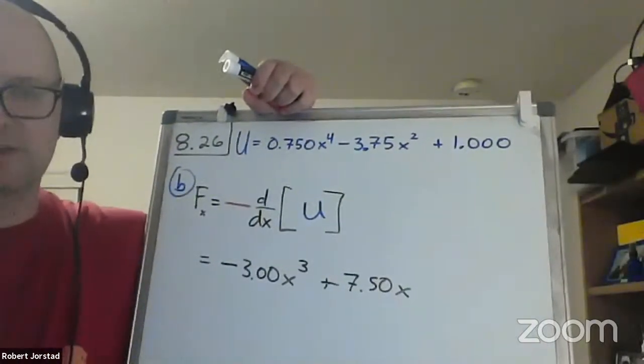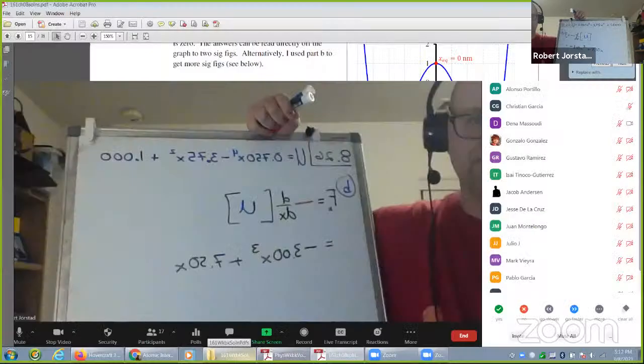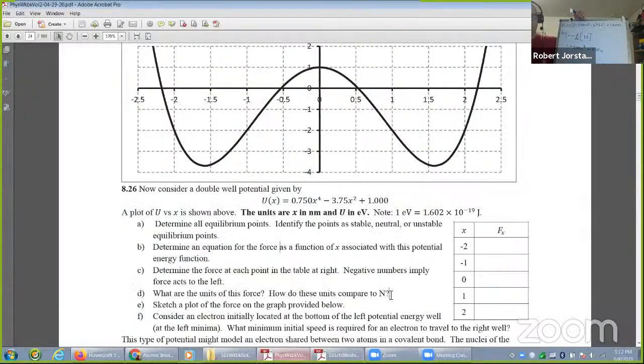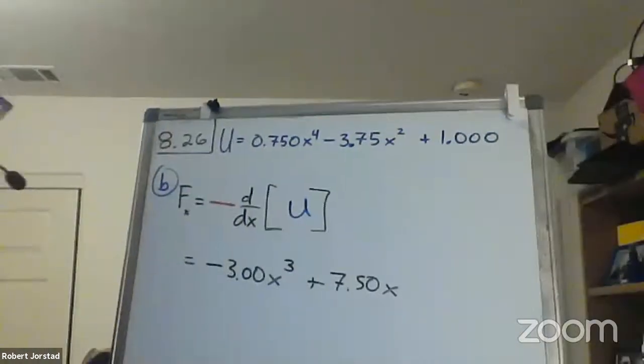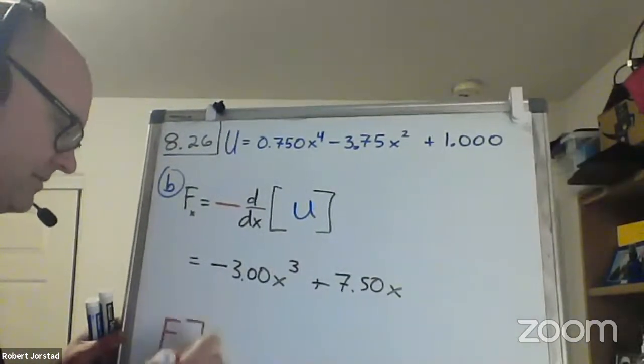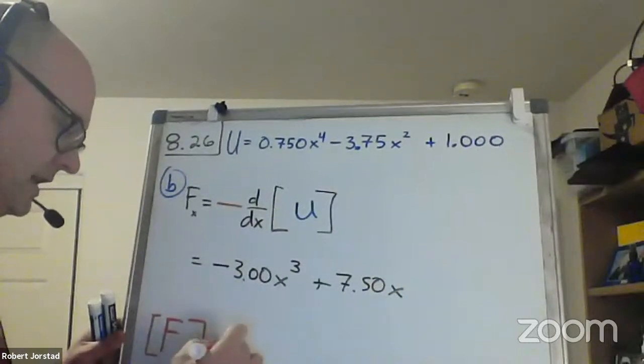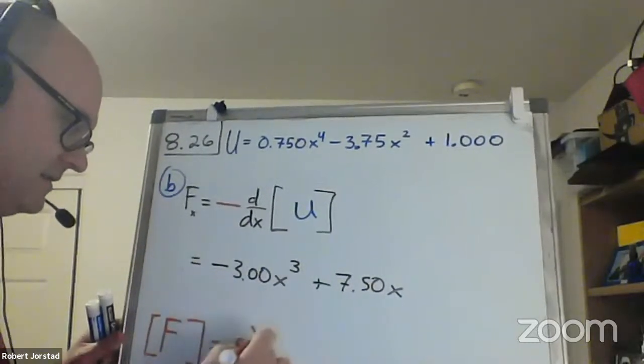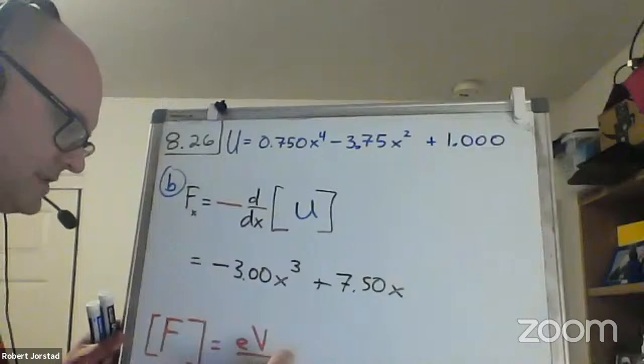Let's get back into the question. We talked about the units. You already saw it. It's eV per nanometer. Well, let's make sure we understand this. So the units of force equal eV per nanometer, I think it was.